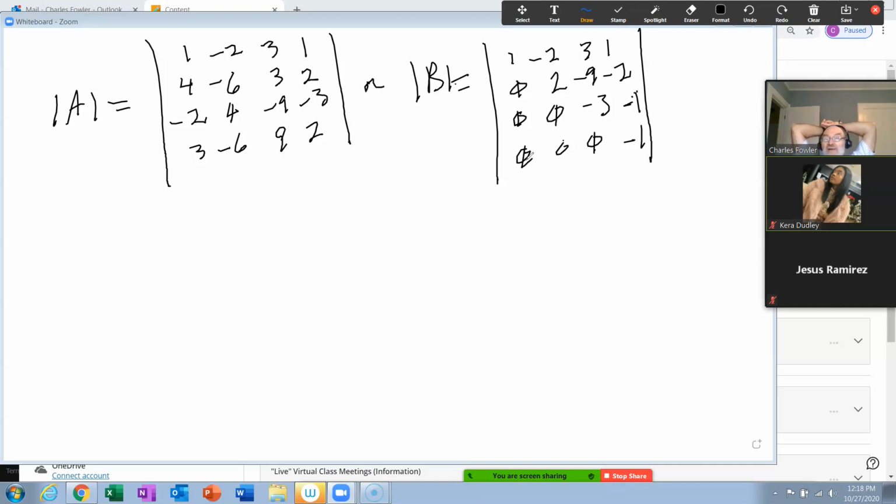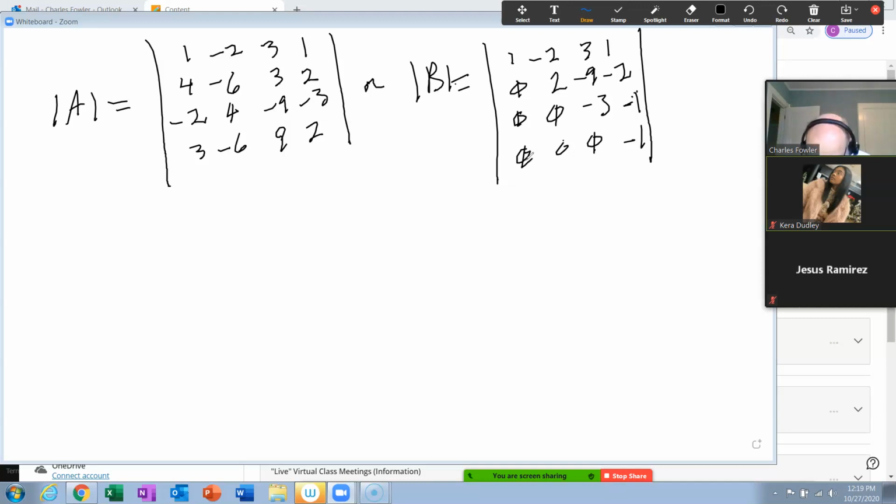If you were trying to do A, absolutely no zeros anywhere in A, so you would have to do expansion by cofactors at least once. And then you'd have a 3 by 3 and you can go from there. But it's still a lot of work.